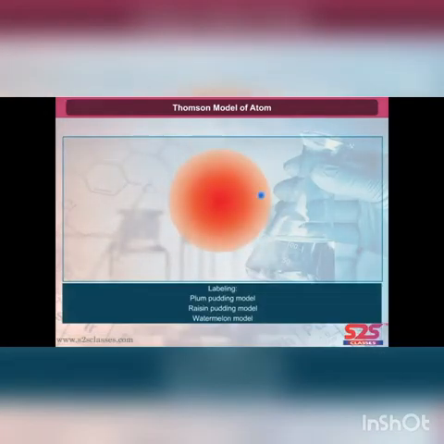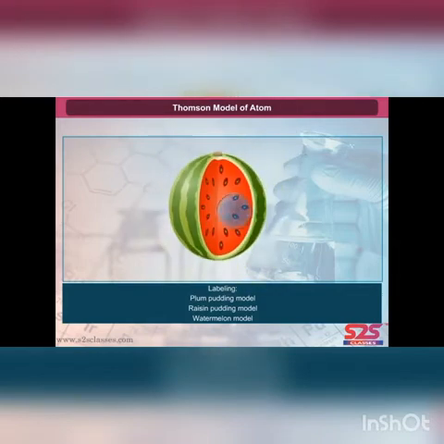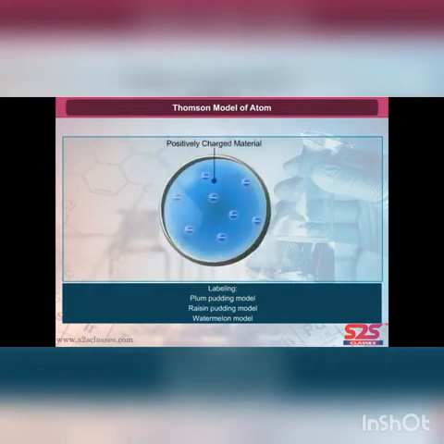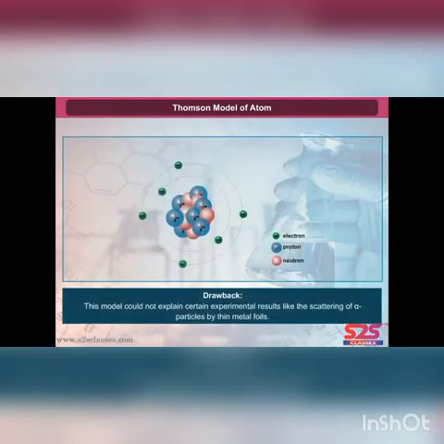This model is also called the plum pudding, raisin pudding or watermelon model. Thomson model of atom was discarded because it could not explain certain experimental results like the scattering of alpha particles by thin metal foils.